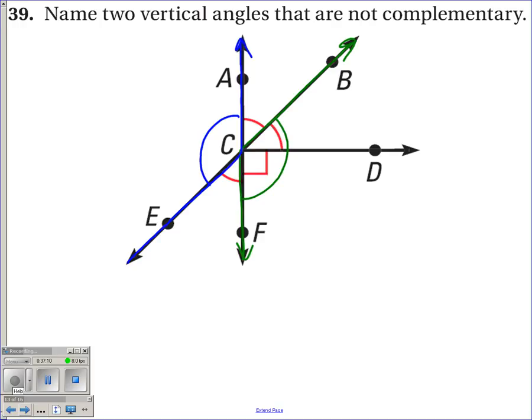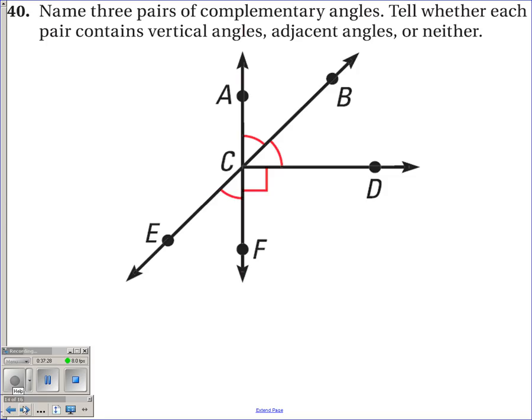These two angles are vertical, and they are definitely not complementary because angle BCF by itself is already bigger than 90, right? So this is the only case that we can see from the diagram. This one is much trickier because it says not complementary.